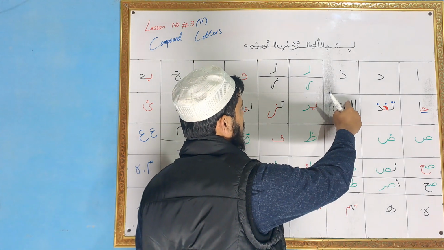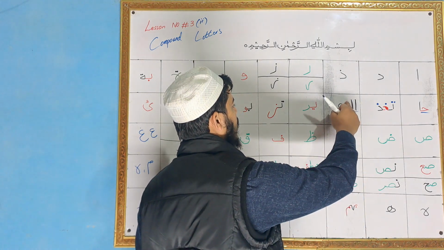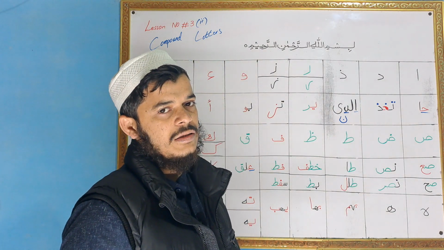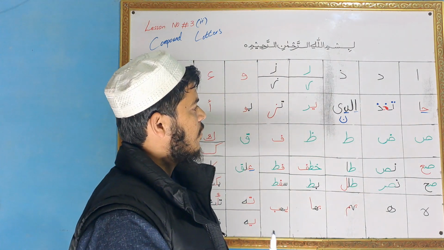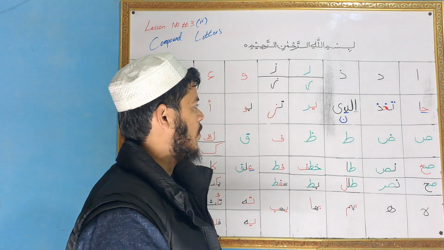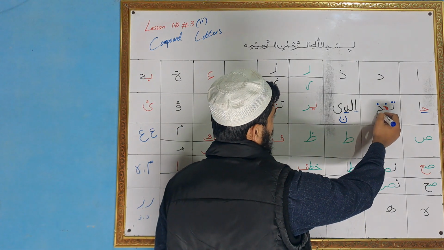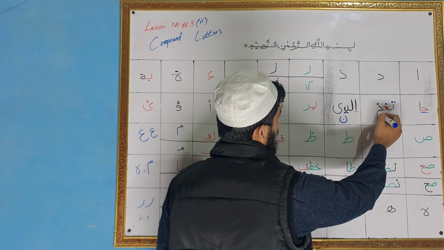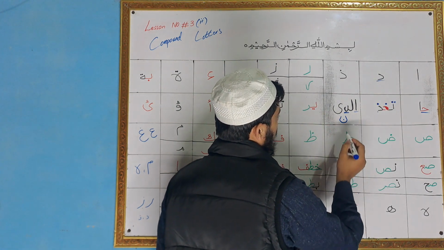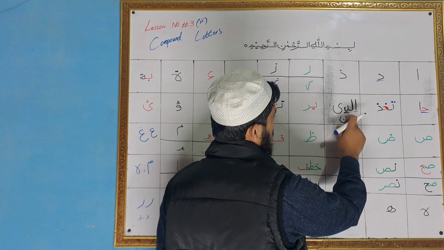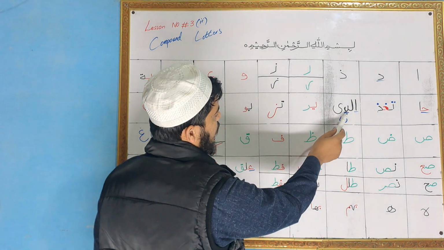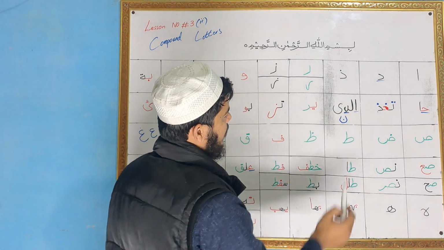If we remove this dot, now the same shape will be considered as alif, lam, dal and ya. So basically we discussed that dal and zal both have two shapes. One is this one, the other one is this one with a more curved shape.